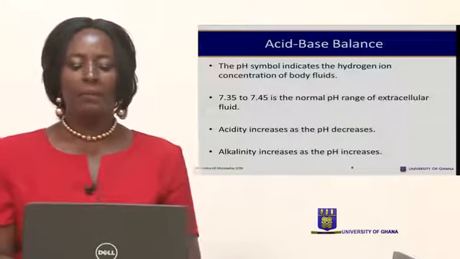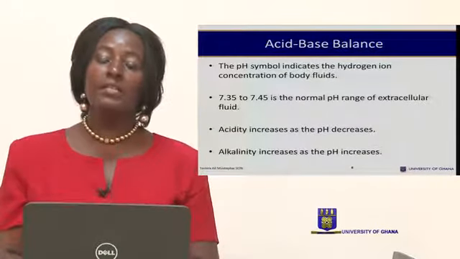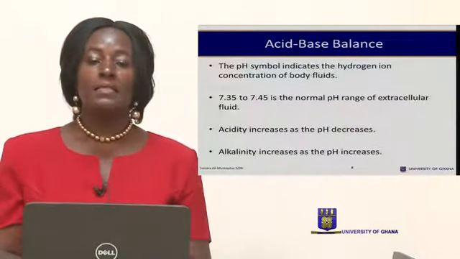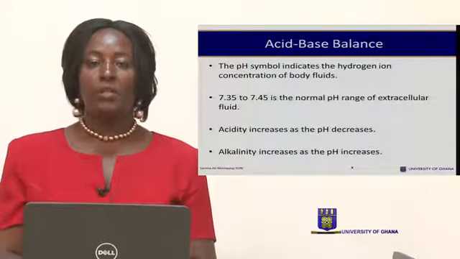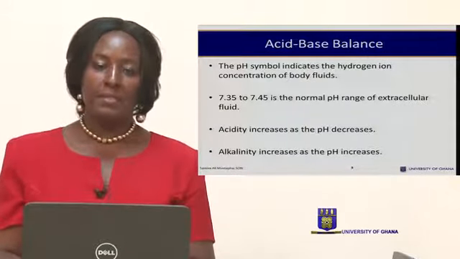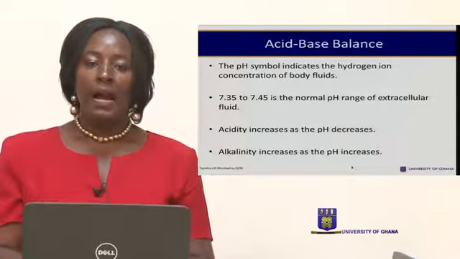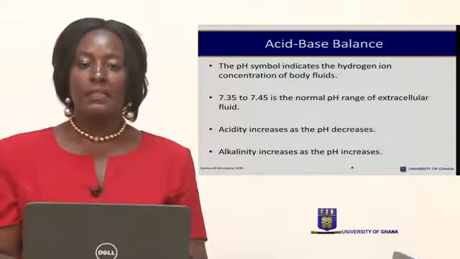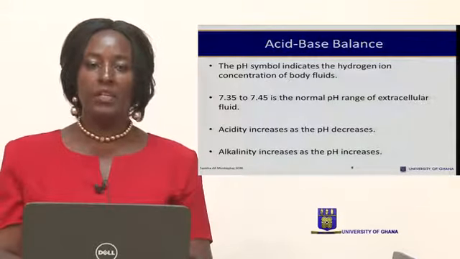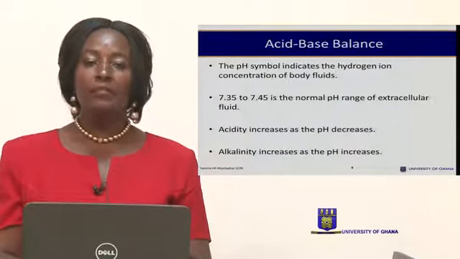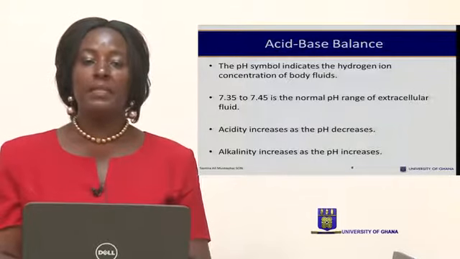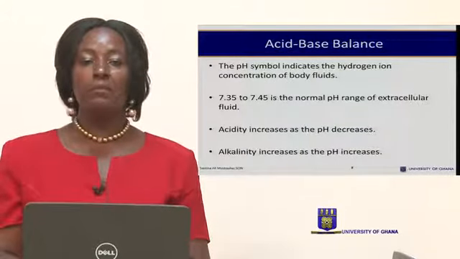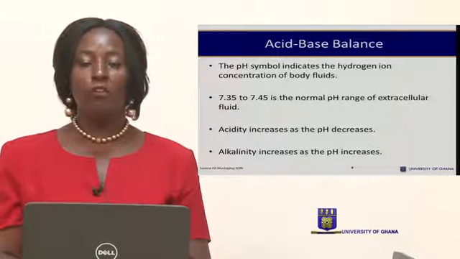So when we're talking about hydrogen ion concentration in fluid, we are discussing the pH of the substance. The hydrogen ion concentration of body fluids denotes the pH. And the normal range for extracellular fluid pH is between 7.35 to 7.45.